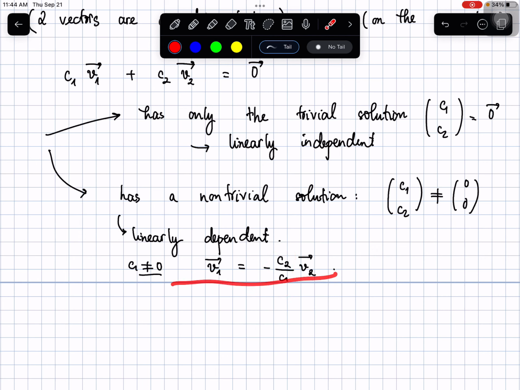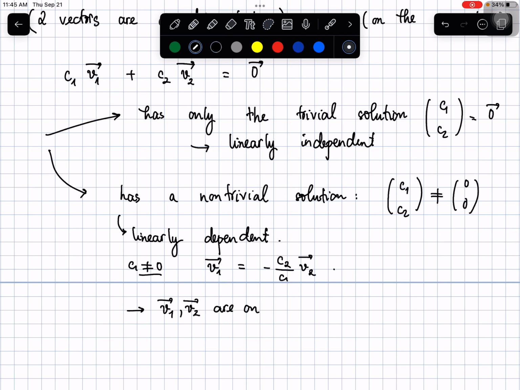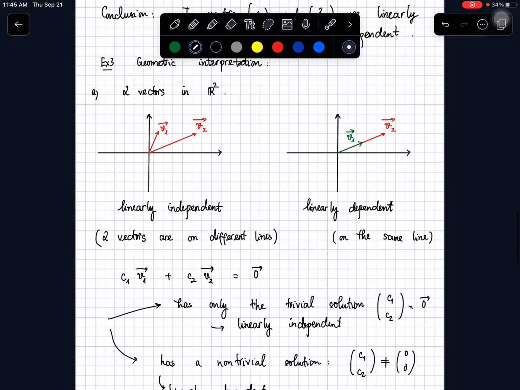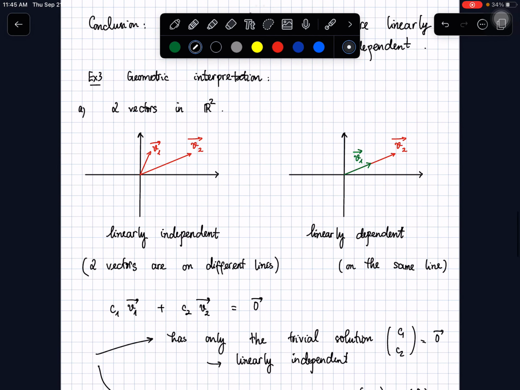They are on the same line. This is one way to think about that. We can also do that with three vectors in R3.